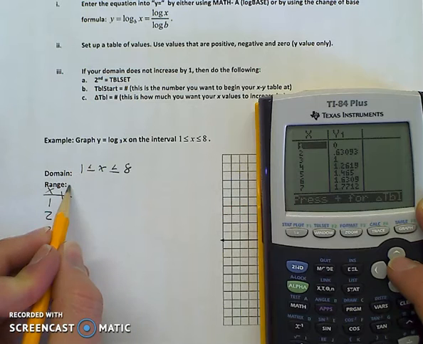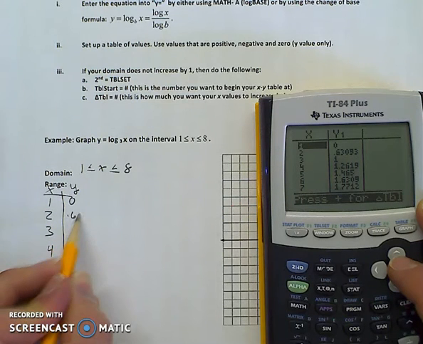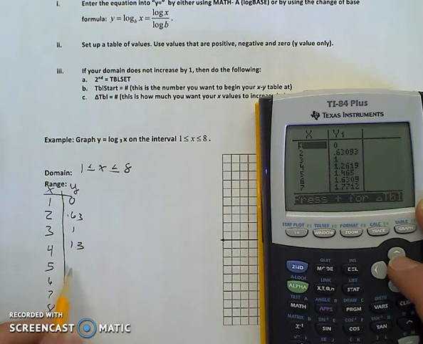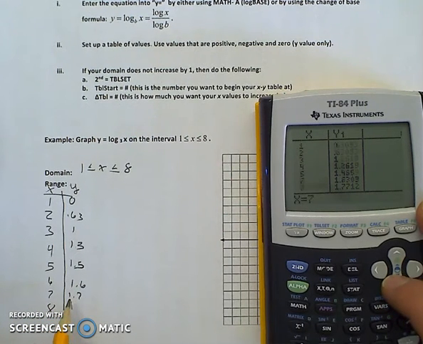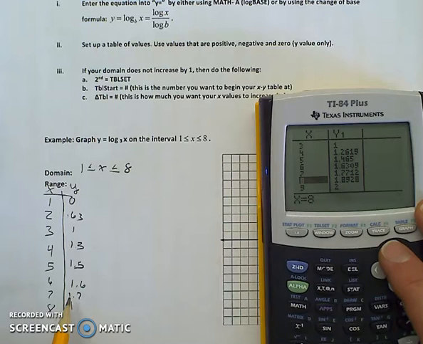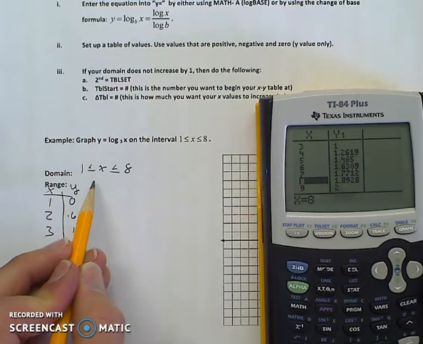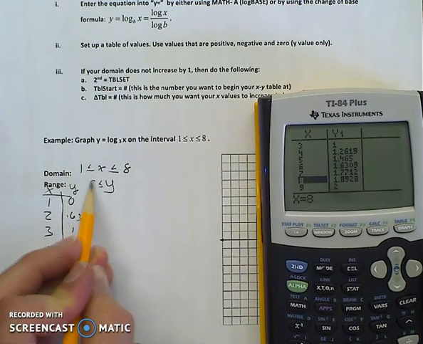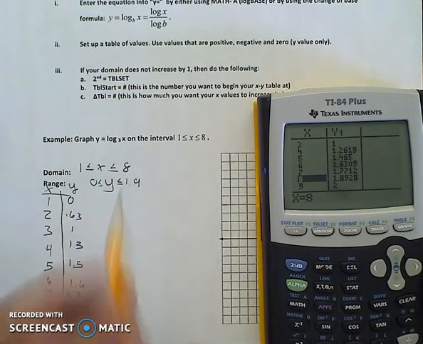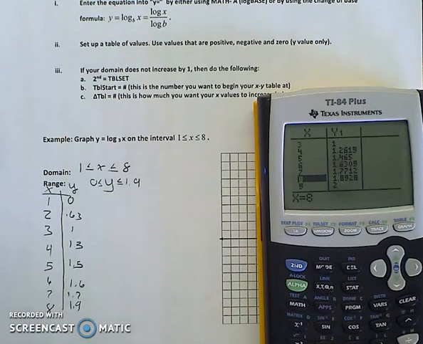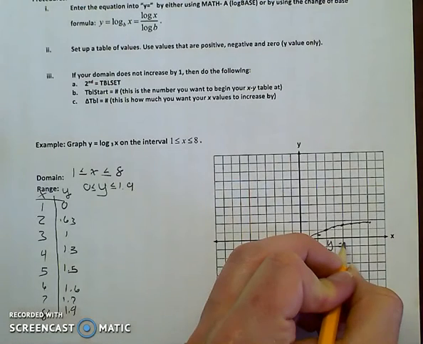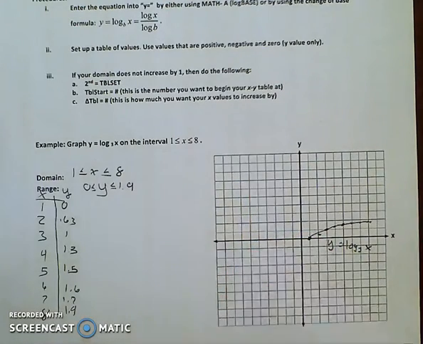Your range, which is your y, is 0, 0.631, 1.3, I'm rounding just for time's sake, and 1.9. So your range is going to be from 0 to 1.9. I'm going to graph it now. You guys can graph it while you pause the video. And there it is, log base 3 of x.